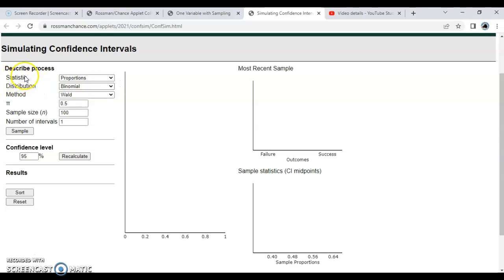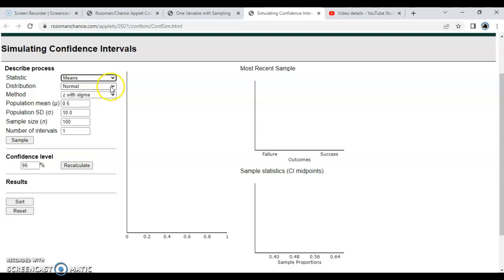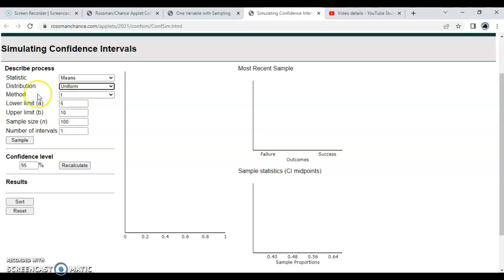All right, so we'll be working with that last distribution again. So we would want to change this guy here. Instead of the proportions as our statistic, we'll look at the means. Right, and the distribution was a uniform distribution. And we'll look at the method involving the t distribution, the t critical values first.